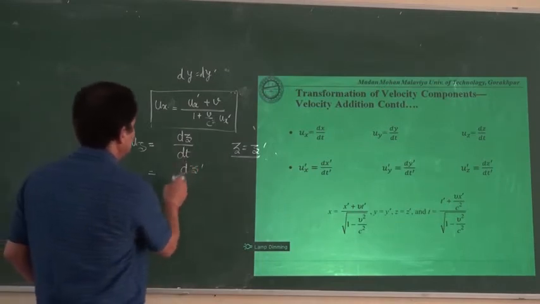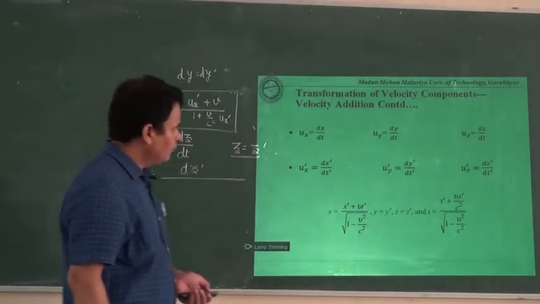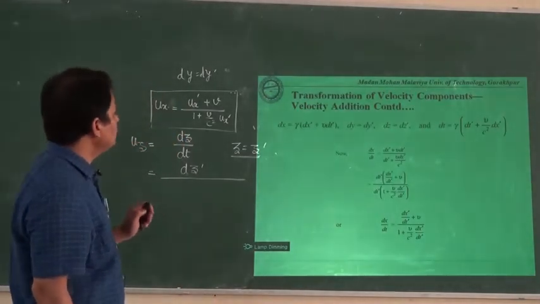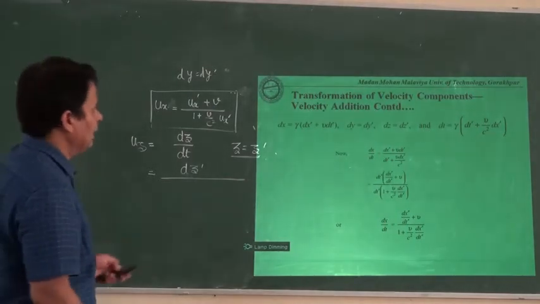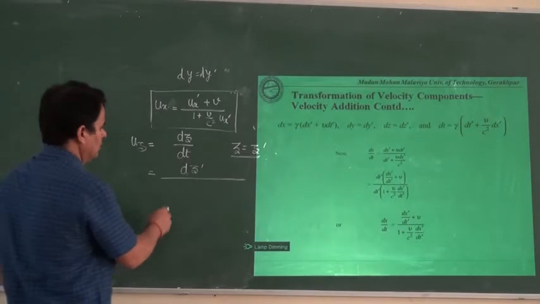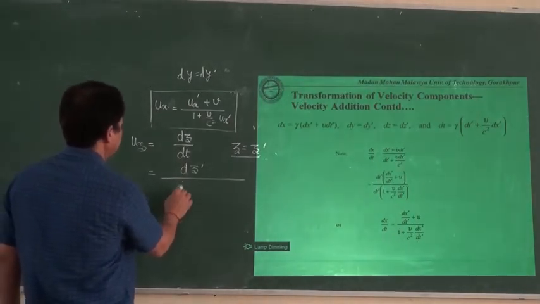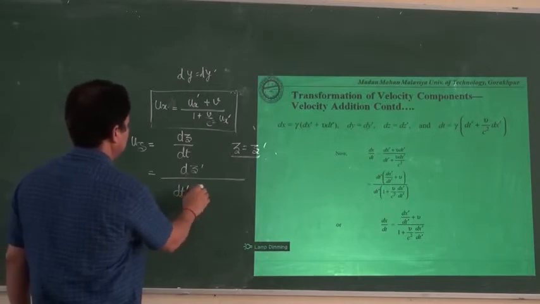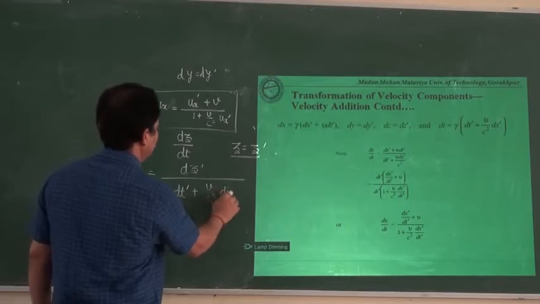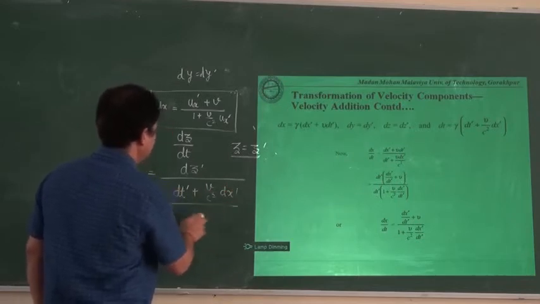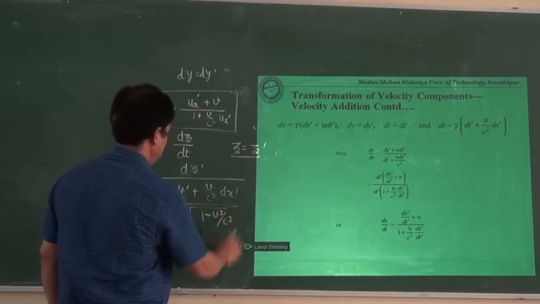So we will write here dz dash, and for the t component we will use the expression I have already discussed for t, and it will be equal to dt dash plus v upon c square into dx dash divided by under root 1 minus v square upon c square.